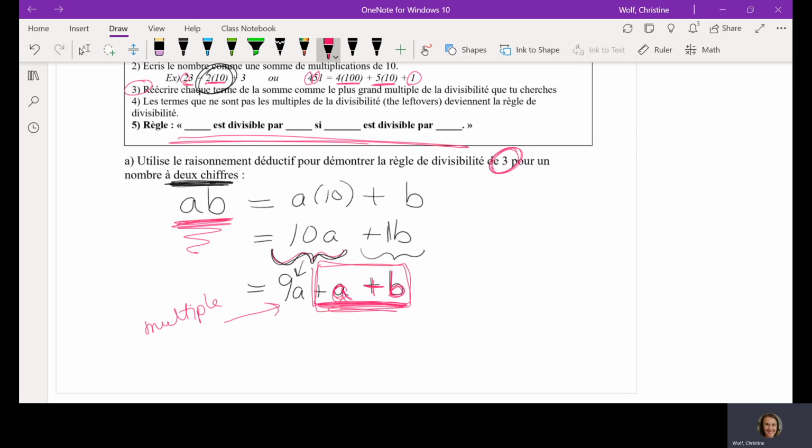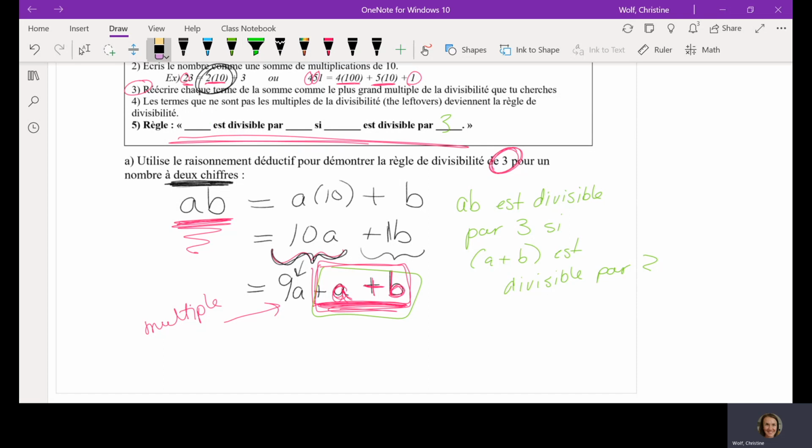So this right here, the leftovers prove that we were right. Okay? So la règle, c'est que AB est divisible par 3 si A plus B est divisible par 3. So I just filled in the blanks here.